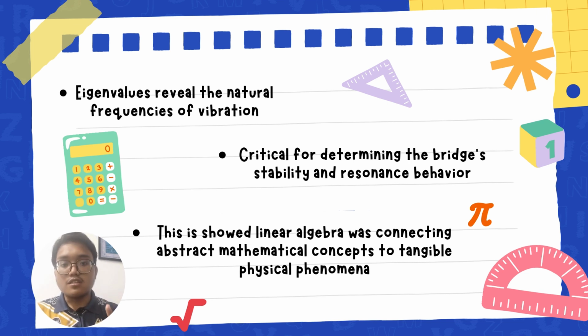Through eigenvalues and eigenvectors, engineers can predict and mitigate potential risks, ensuring the safety and functionality of suspension bridges under various conditions. Linear algebra not only provides the tools to analyze such systems, but also bridges the gap between theoretical insight and practical engineering applications.